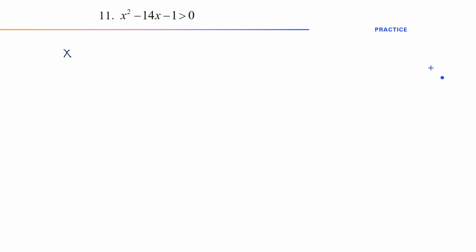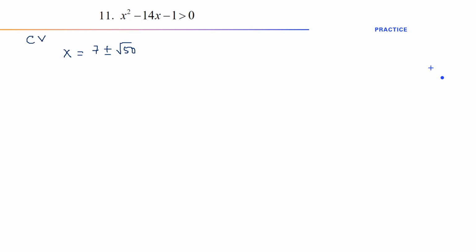And x equals 7 plus or minus square root of 50. That is our critical value.